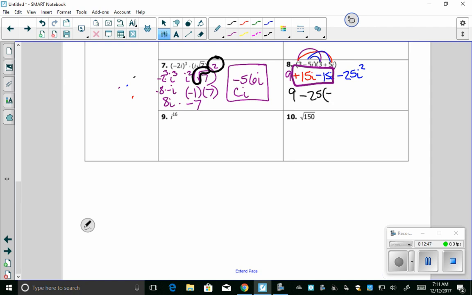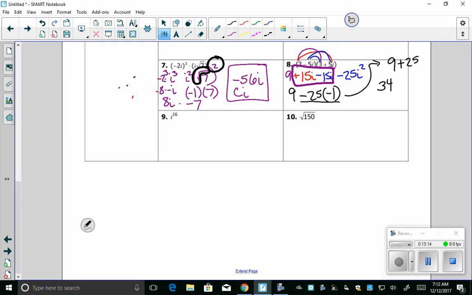But we know that i squared equals negative 1. So it's going to be 9 minus 25 times negative 1. Well, negative 25 times negative 1 gives me a positive 25. So it's going to be 9 plus 25. So when I add those together, I get 34.